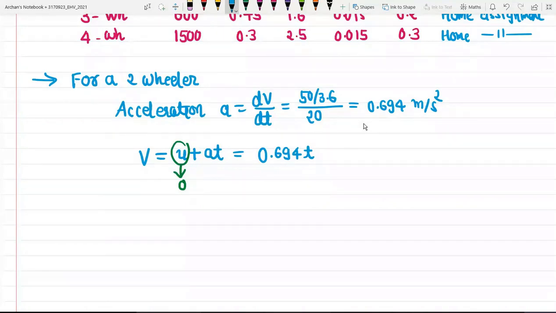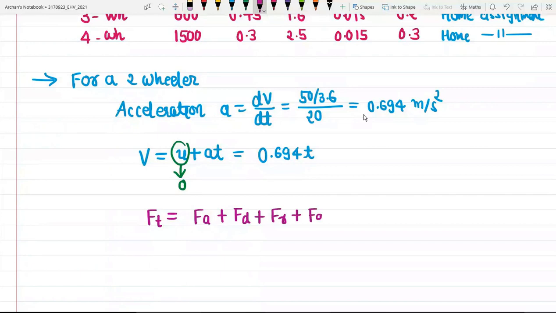Now we need to calculate the total traction force. If we write down the equation for total traction force, Ft, then it comprises acceleration force plus aerodynamic drag plus rolling resistance plus gradient resistance. This is my equation. But if you read the data carefully, the slope we need to assume is 0.